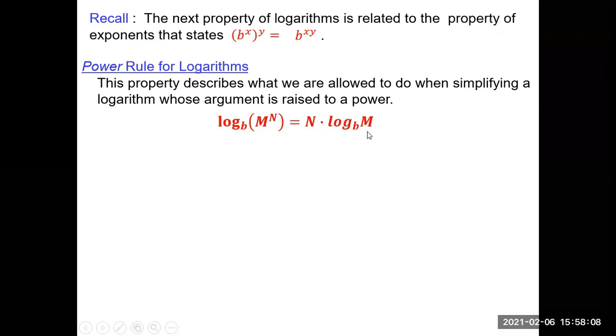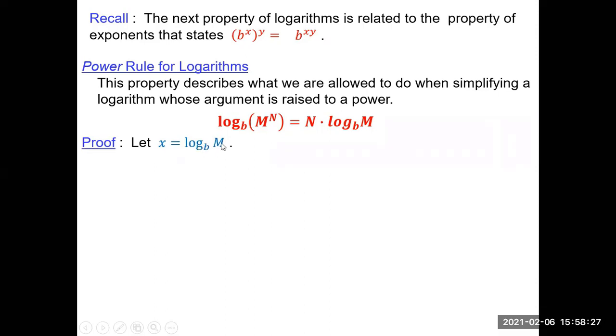So before doing any examples, let's take a look at this proof. As we did before, remember that logarithms are exponents. So if I see an exponent of x up above b here, why don't we rewrite that as a logarithm? We'll just call it log base b of m.